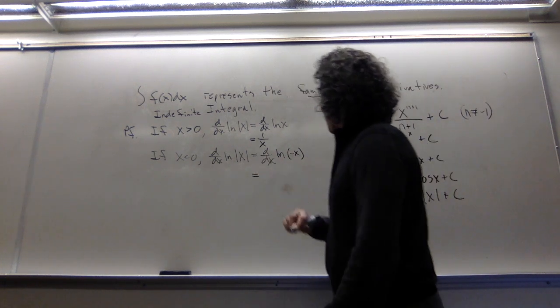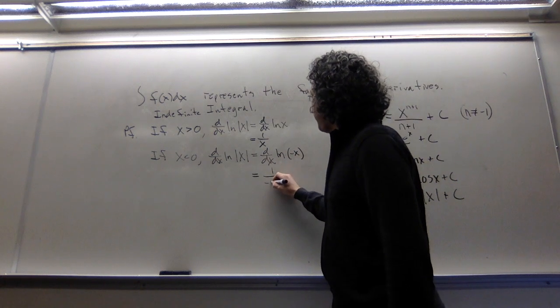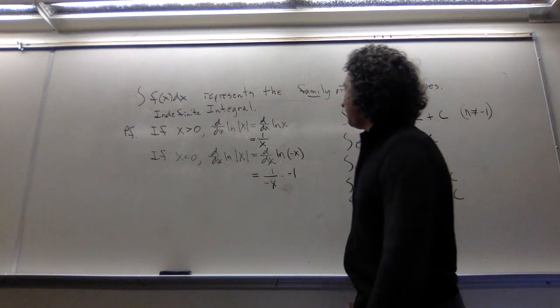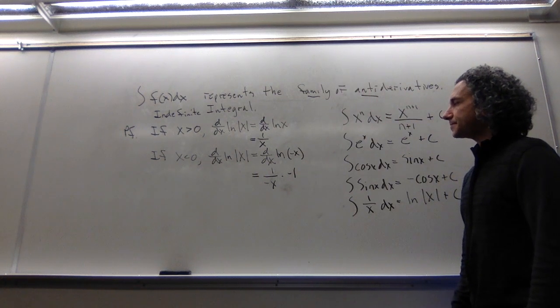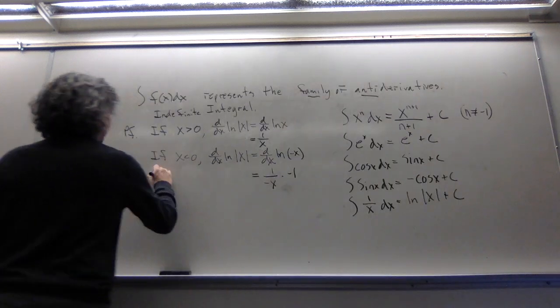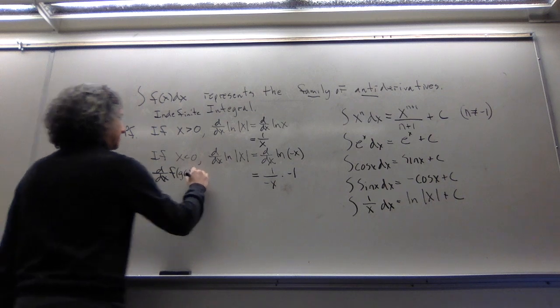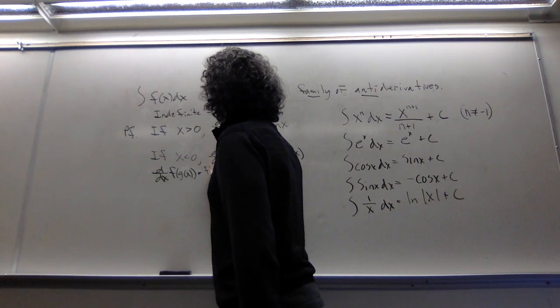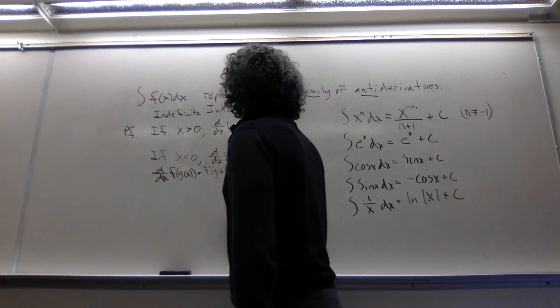Okay, now that you're back, the derivative of the natural log of stuff is 1 over stuff times the derivative of that stuff. That's the chain rule. Again, as a reminder, it's been a while. The derivative of f of g of x is f prime of g of x times g prime of x.